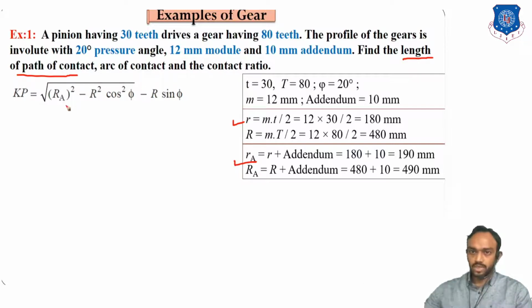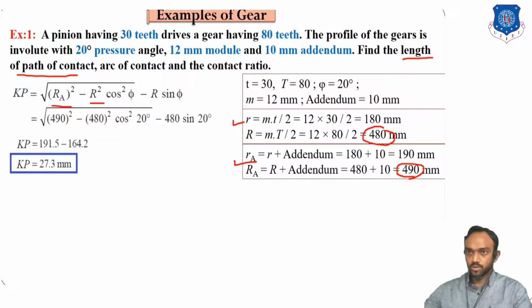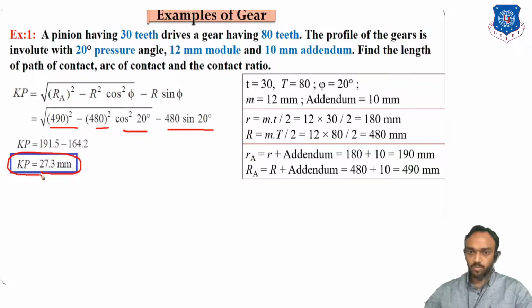Capital RA is 490, capital R is 480, and phi is 20. Put these values in and you will find Kp is 27.3 mm.